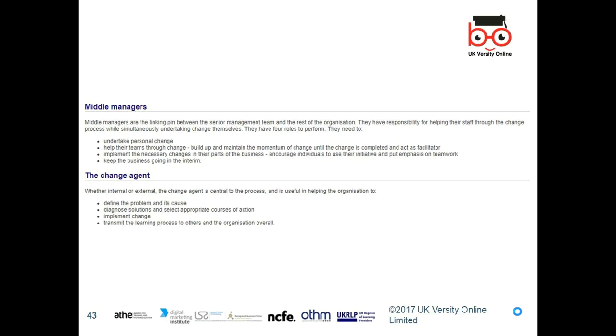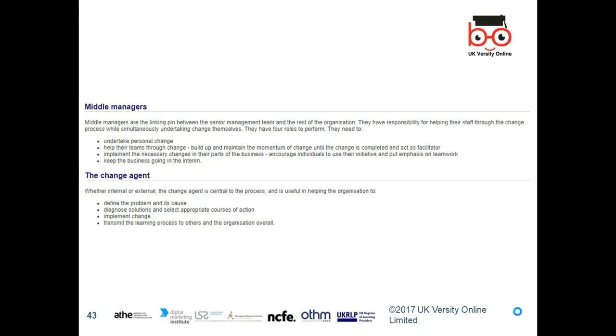If they don't have a proper communication system in play, that can create a problem, a lack of coordination. So we need to undertake the personal change, help their team through the change, build up and maintain momentum of change. We need to make sure we complete and facilitate the change, internal and external.